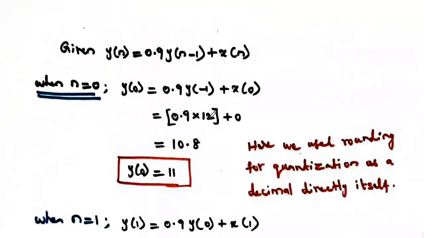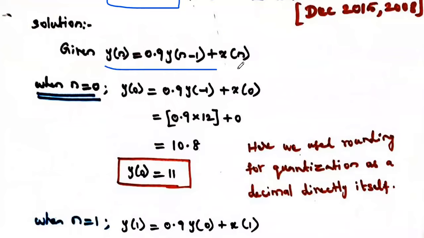First, take down our given system equation: y of n equal to 0.9 y of n minus 1 plus x of n. First we are going to calculate the output of this system at time n equal to 0.